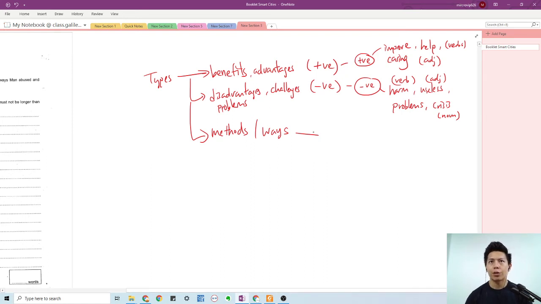Now the third type of question is what we call the methods and ways questions. Okay, this one, the part of speech will matter a lot. Okay, when you're looking at methods, ways, for example, or even the word how, right? When you see the word how, okay, summarize how human beings got to the moon, how mankind got to the moon, you will need words that are predominantly verbs. This is when your part of speech is very, very important.